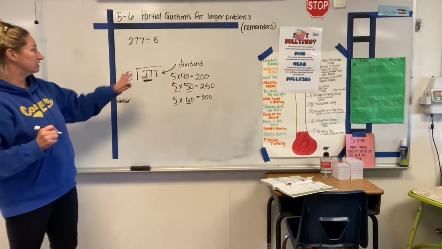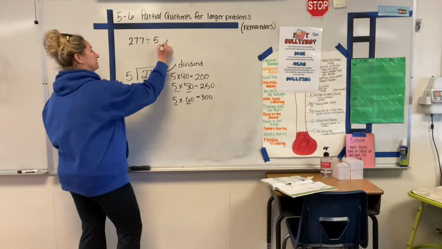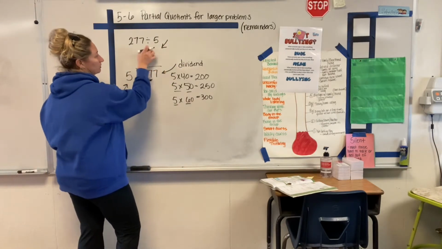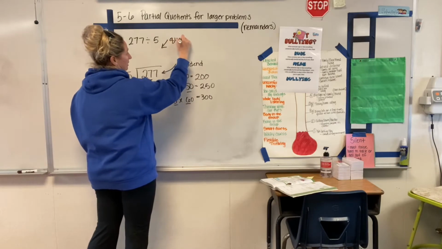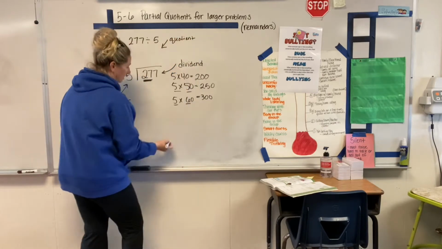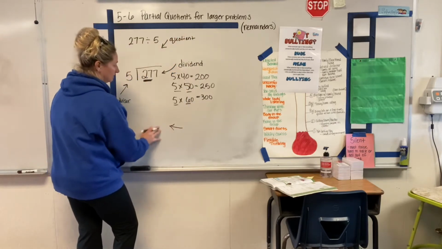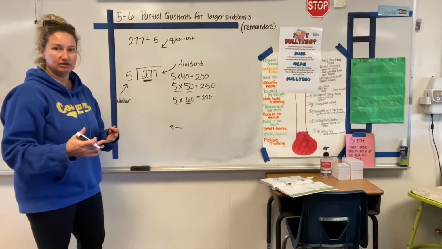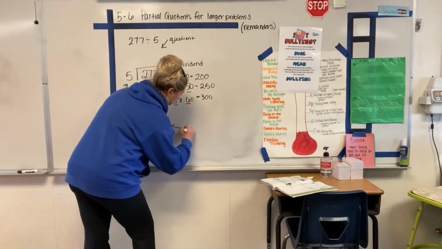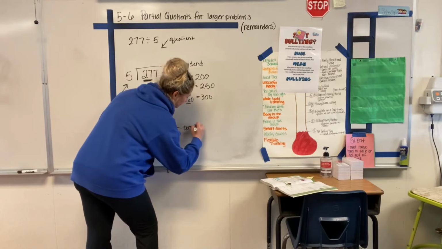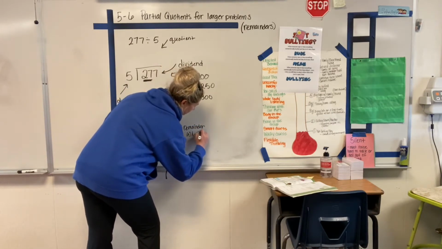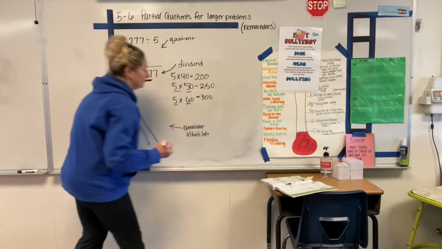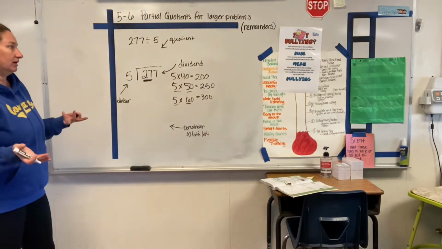The quotient is the answer up top. So all the partial quotients, whatever we put up top here, that's the answer, the quotient. And whatever I get left down here at the bottom is the remainder, whatever's left over, what's remaining.